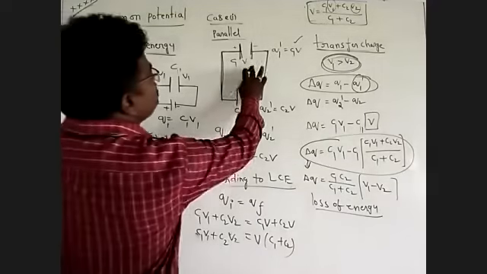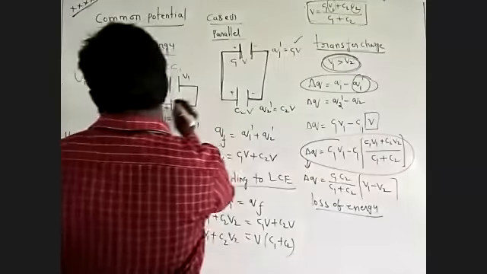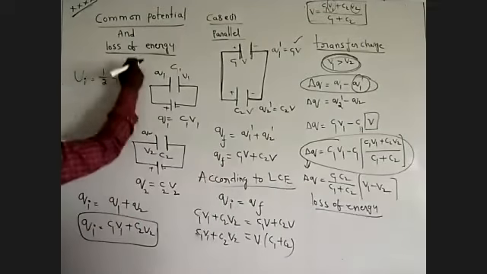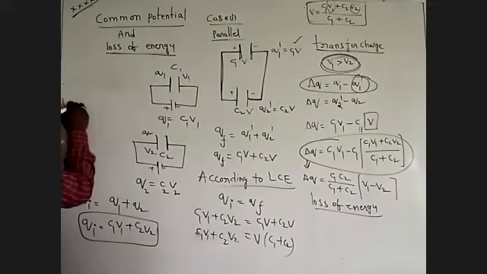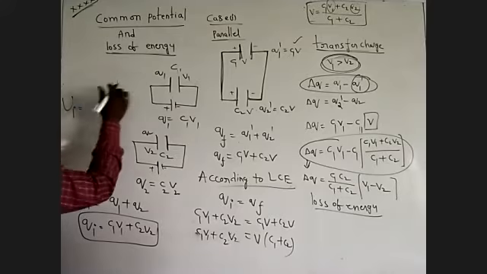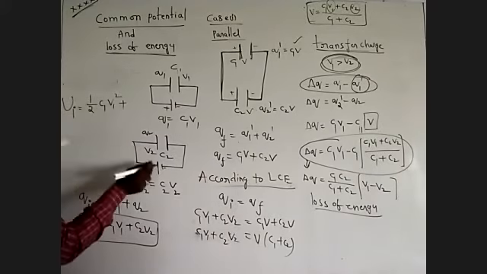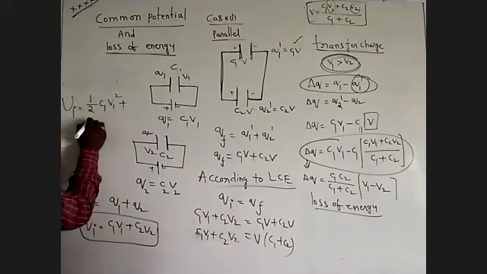Final charge. What is the initial? The initial energy is U initial equal to one half C1 V1 square plus one half C2 V2 square.